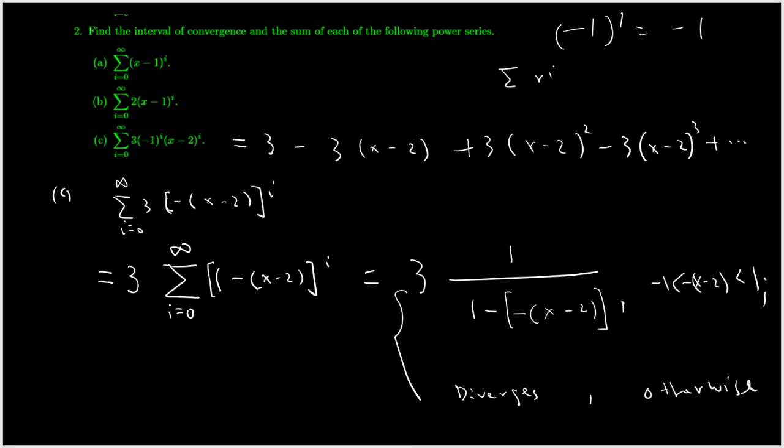I'm not going to rewrite many things, but I believe the function here is going to be, I don't know, you could simplify the denominator, but the point I'm trying to say is, when negative x minus 2 is in between negative 1 and 1, I just want to talk about the interval of convergence. This time I'm going to do it slowly again, but in the future I'm going to do it faster.